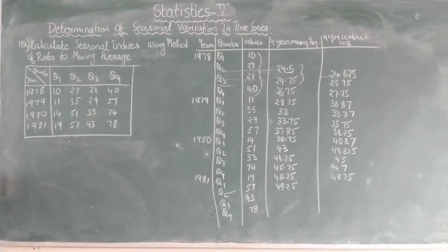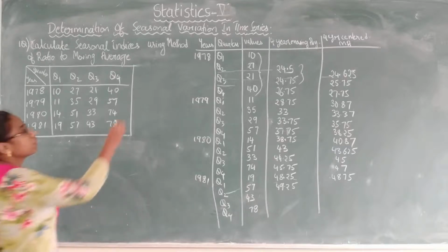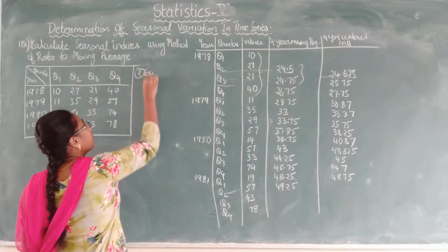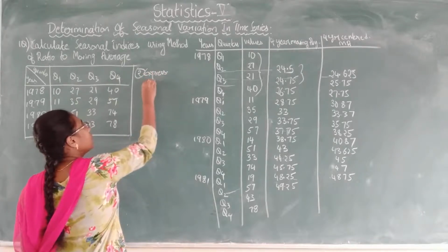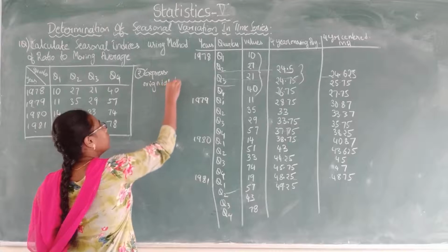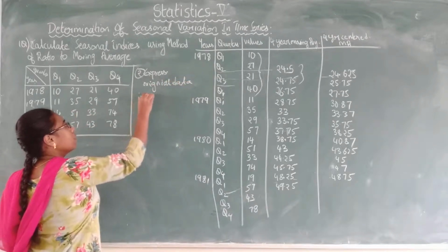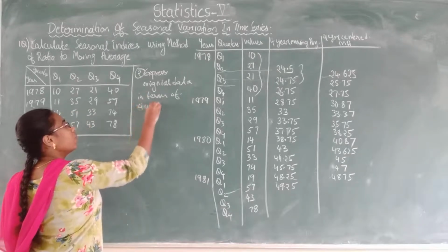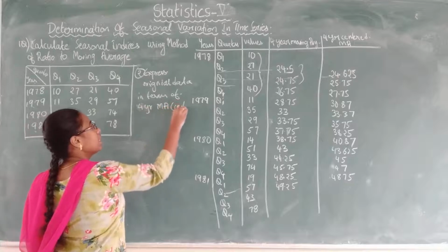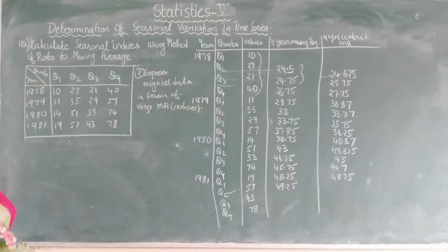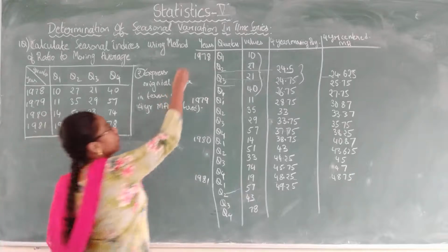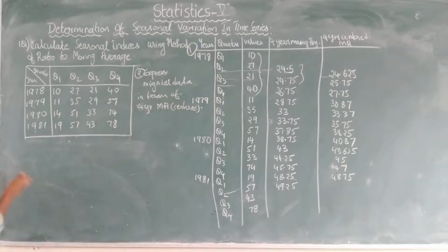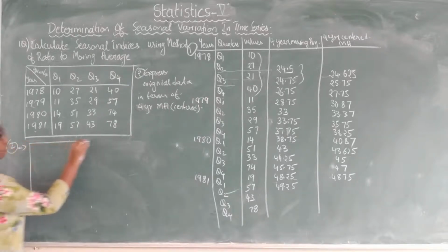So how do you write this? Step 2 is to express the original data in terms of the 4-year moving average, that is, the centered moving average values. That was step 1; next, step 2, we write the moving averages.